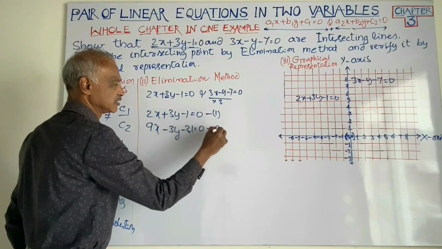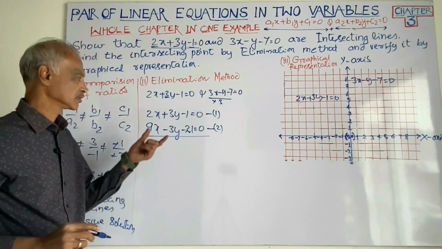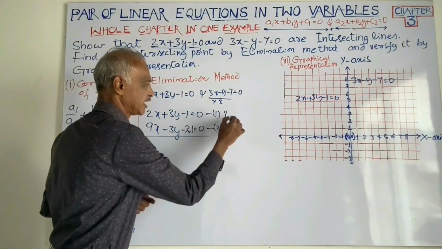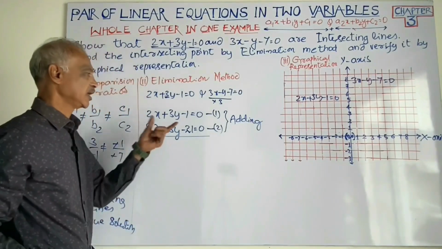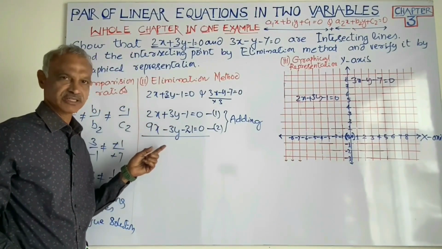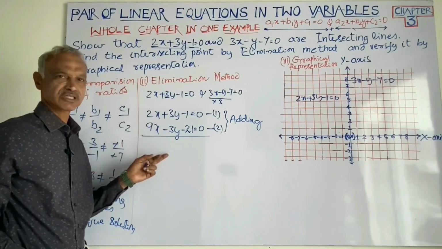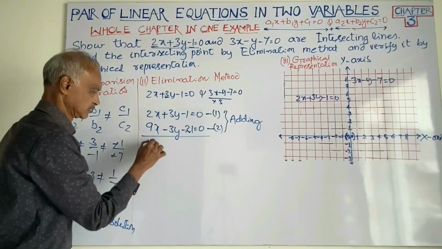This is equation 2. We have to add these two equations, because plus 3y and minus 3y are there. If you add these two equations, you will get 2x plus 9x, 11x.